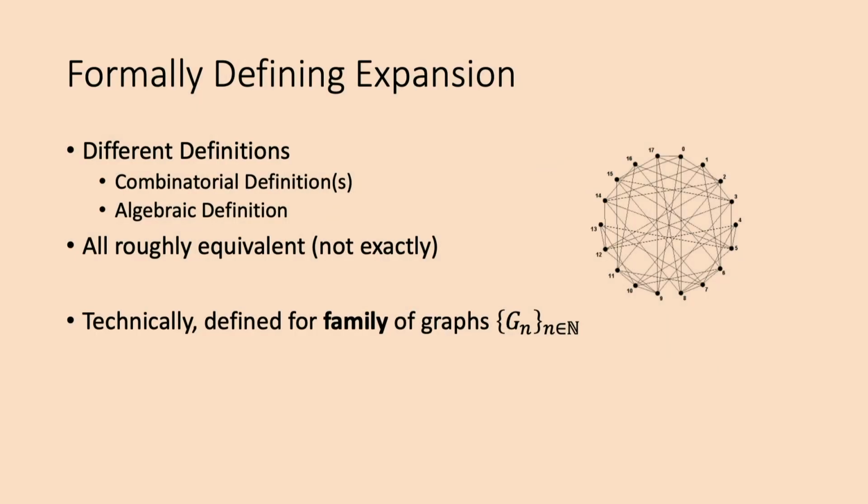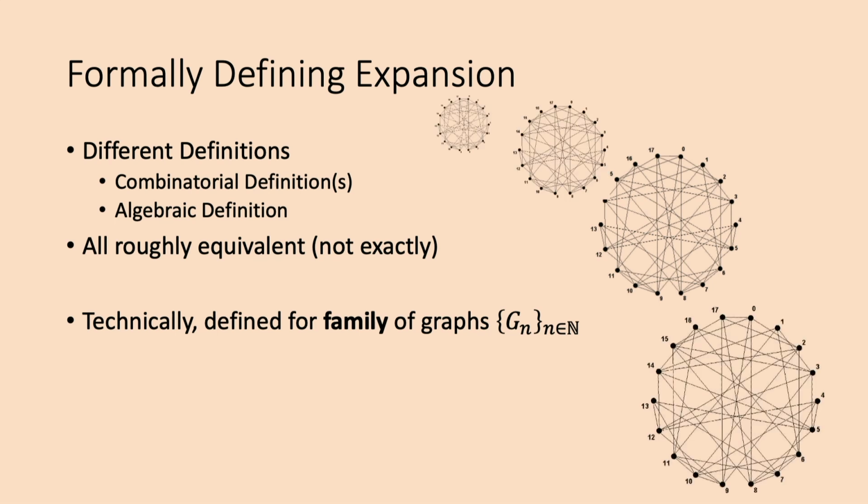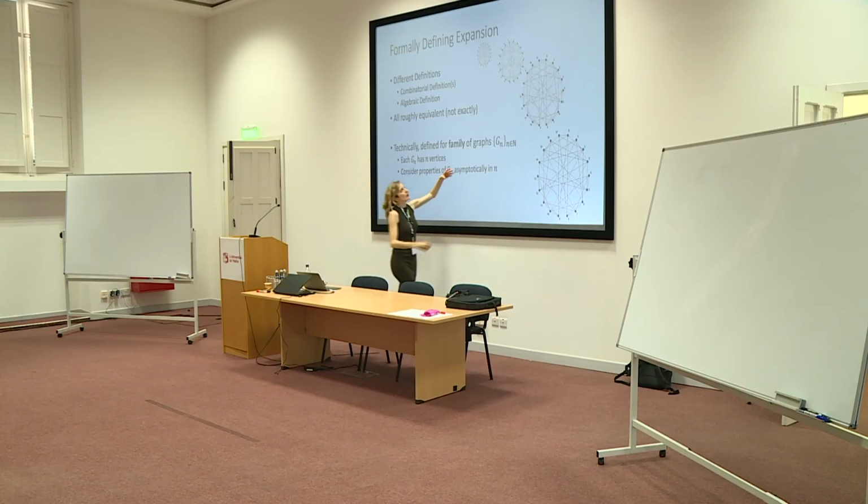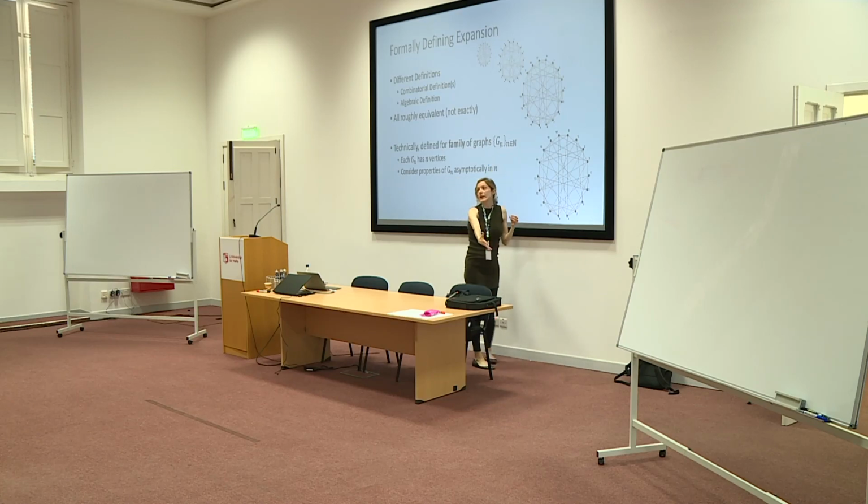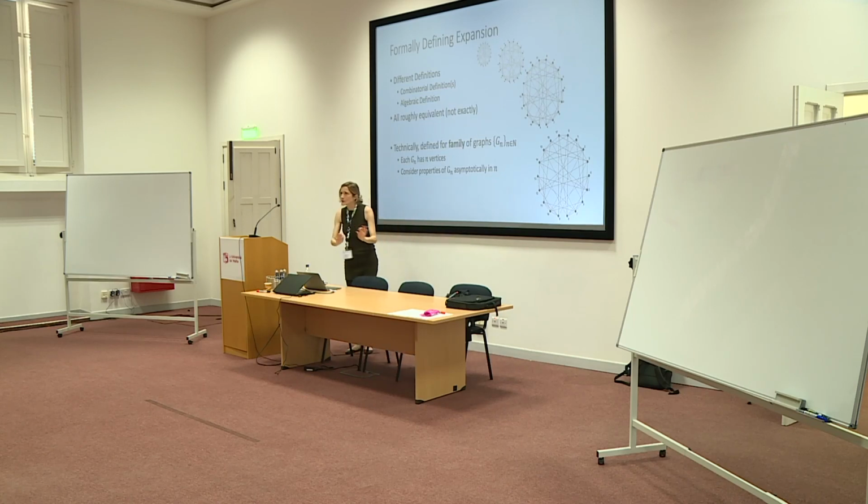An example of a family of graphs would be the family of fully connected graphs. Every single one has a different number of vertices, but it's the fully connected graph. And we'll be talking about properties of this family of graphs asymptotically with n. Let me know if this is confusing and I can try to explain a bit more.